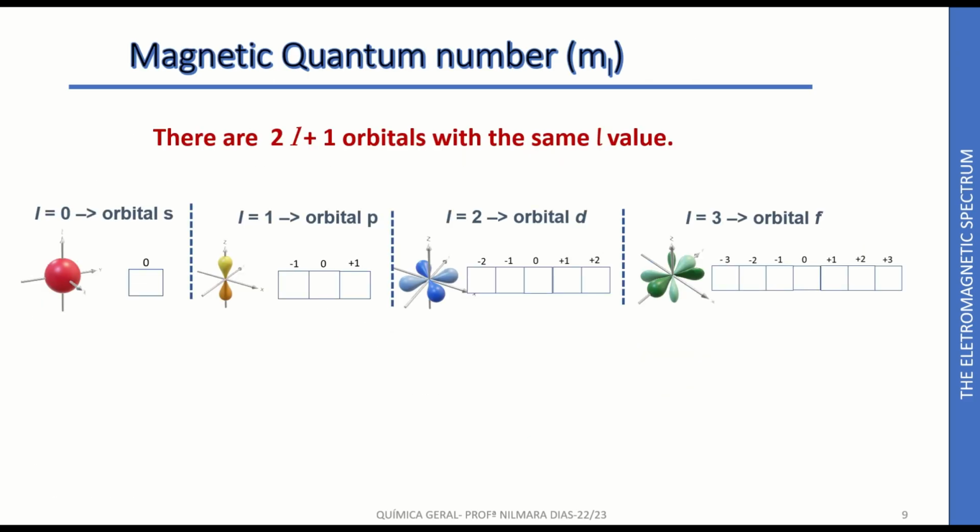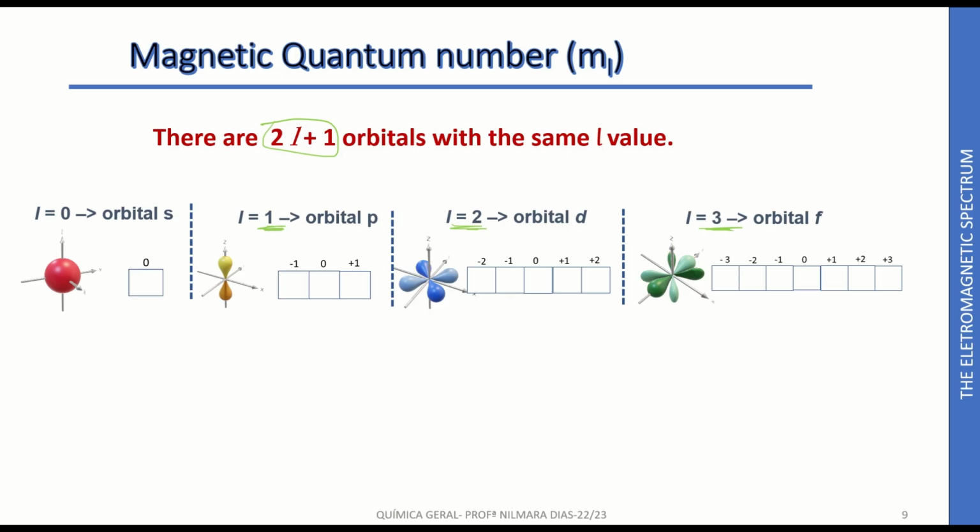Okay? You can use the formula, but I don't think it's a good idea, because maybe you get confused with this. So just think about going from negative 1 to positive 1, negative 2 to positive 2, and negative 3 to positive 3, and those are the orbitals that we can have. I showed you why, because they are in different positions.